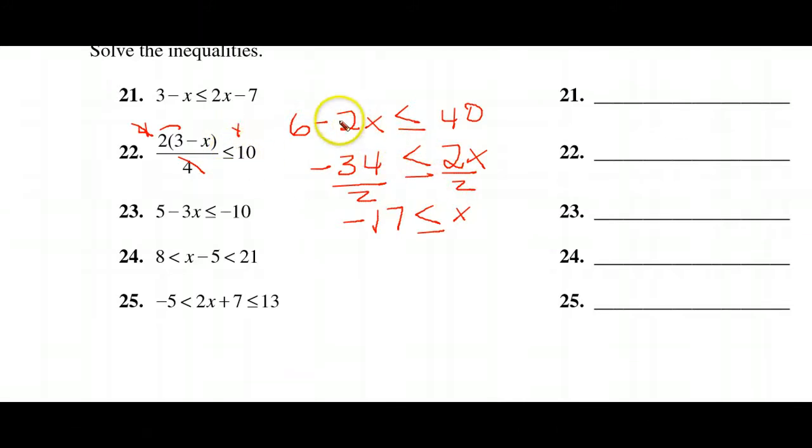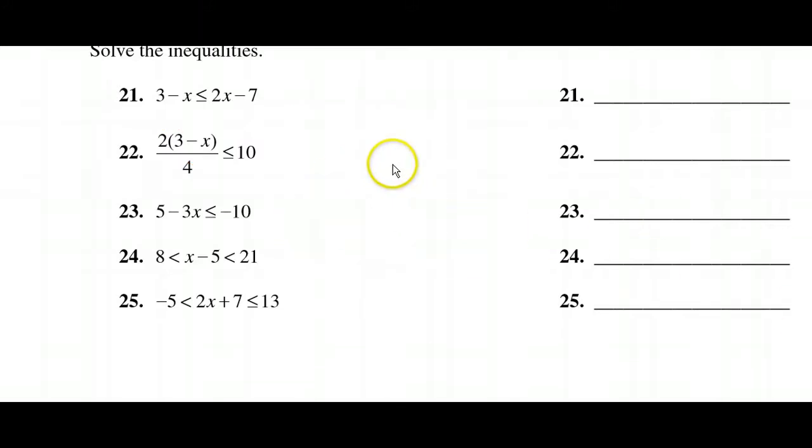Well, in essence, by bringing the 2 over to this side, I, in a sense, reverse the sign. Here it would be an x is less than, now a positive x is greater than. We'll be using that technique in a later chapter. Okay, so again, try to keep your x's positive. That way you don't have to worry.